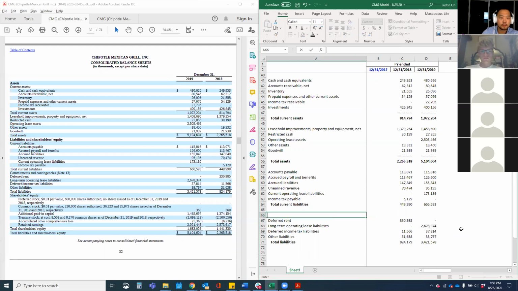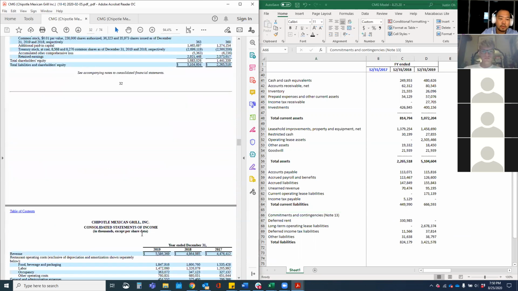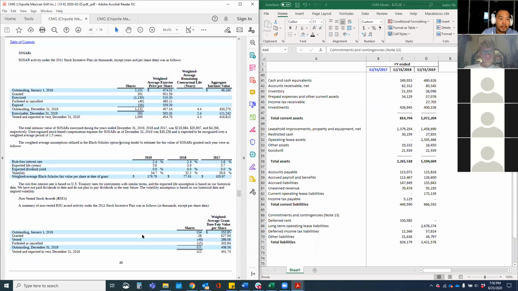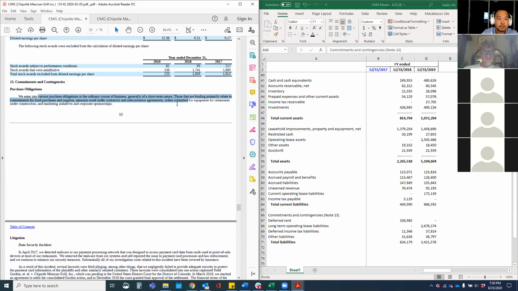Another thing. And so this is weird, right? So commitment and contingencies is on here. I don't know if it's a title or it doesn't look like a title, but it looks like there's nothing here. So you want to go to note 13. I'm just curious. What does note 13 say? Purchase obligations, short-term nature.